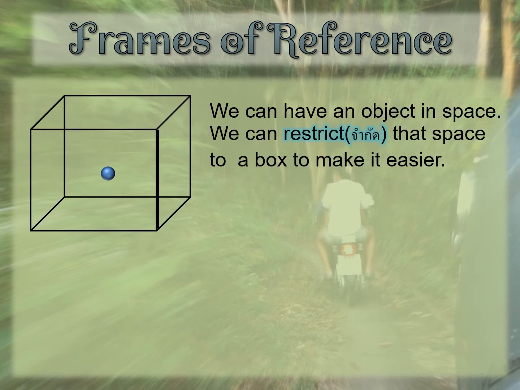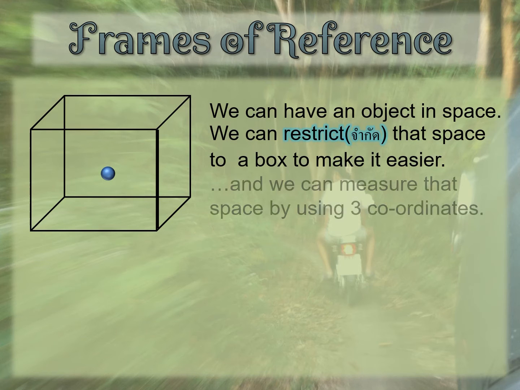But to make things easier for us, let's just limit our object into this box of space. And inside the box, we can use coordinates to define exactly where in the box the object is. And once we can do that, we have a way to accurately say what the position is. Remember, that was an important thing we needed for defining motion.